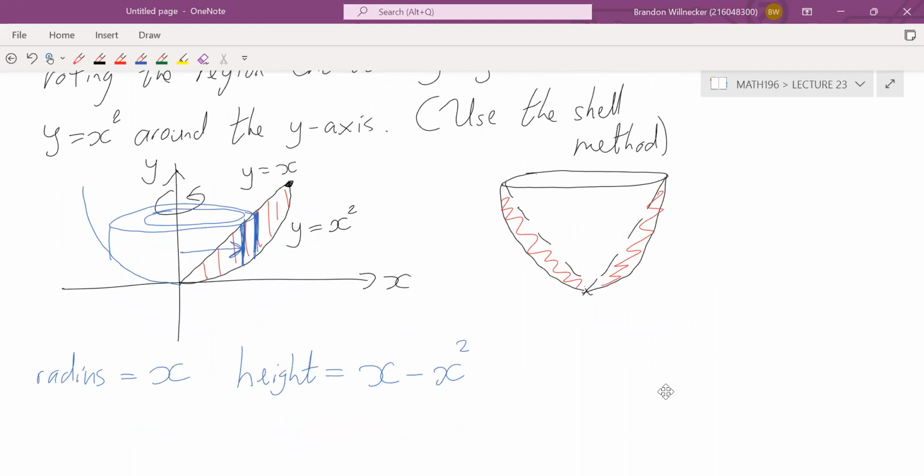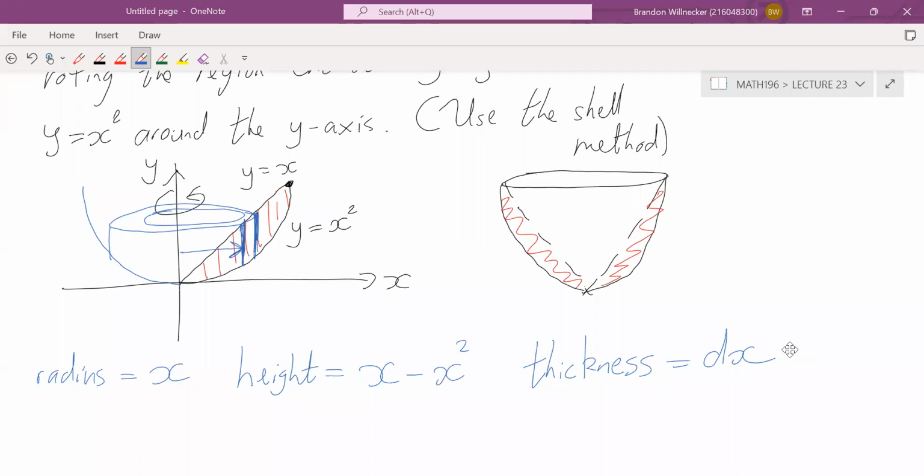Okay, so that's very similar to what we did when we found the area between curves. We took the upper function minus the lower function to get the height. Same thing over here. And then the thickness, well, that's just dx.